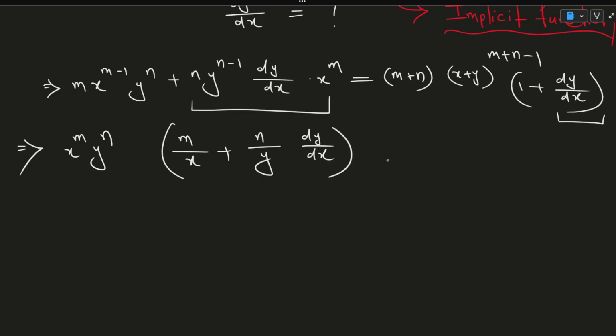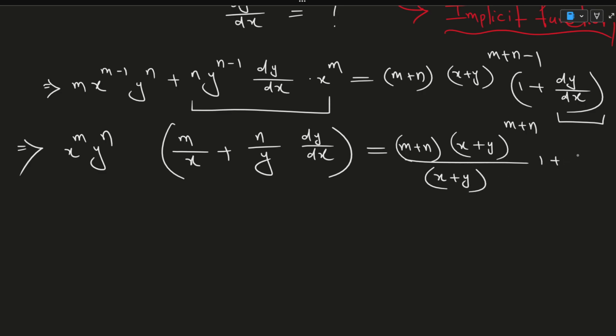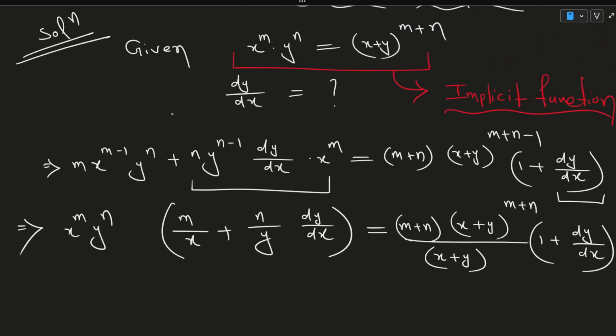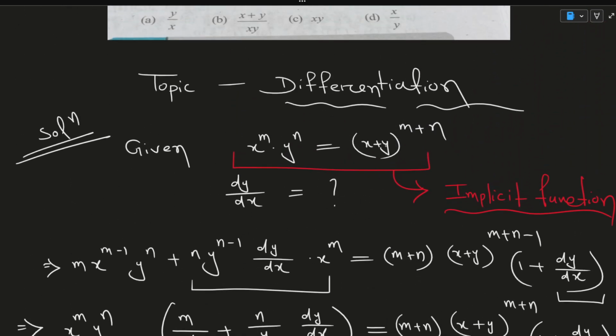Okay, so I can write it like this. Clearly we know that x to the power m into y to the power n is equal to what? x plus y to the power m plus n.